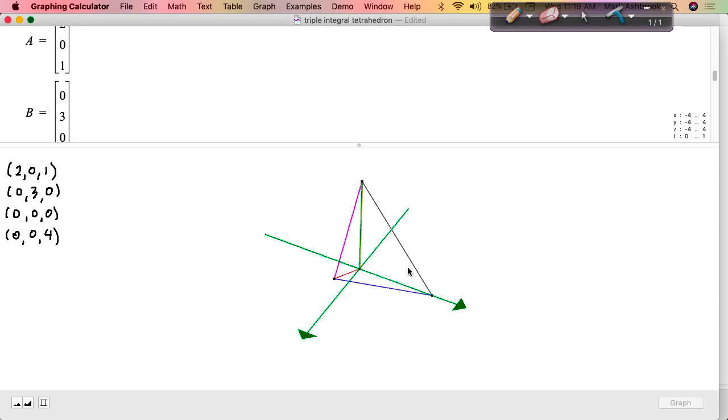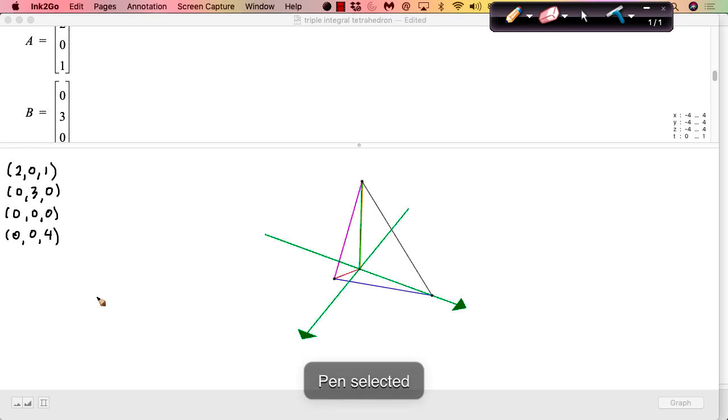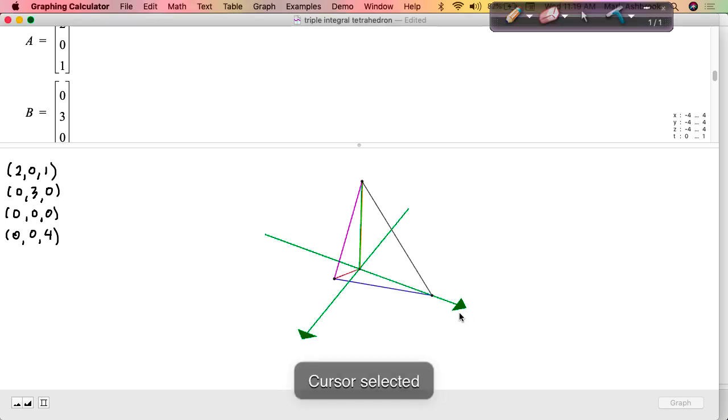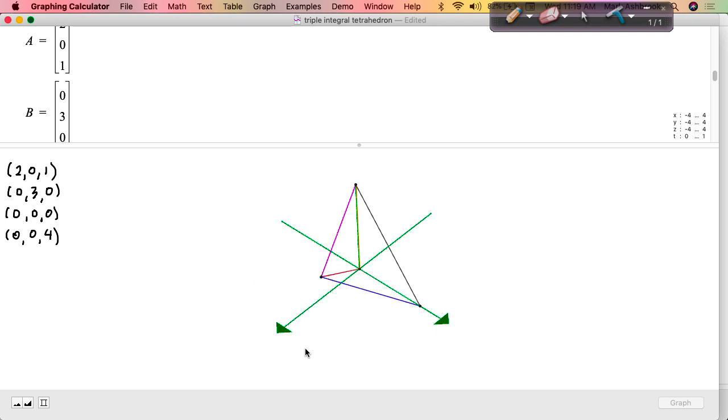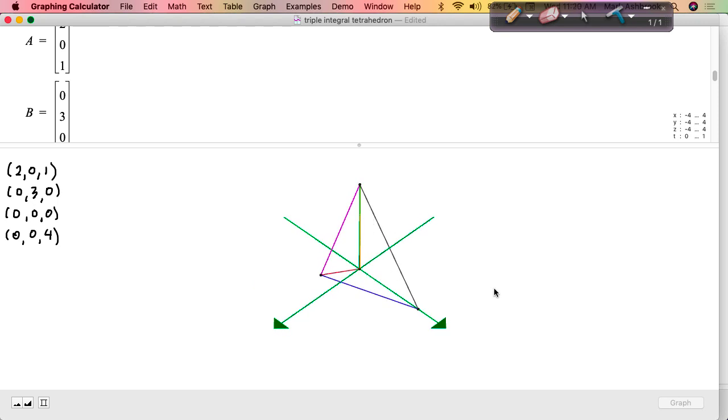This back triangle right here, all points on that plane have what characteristic? x equals 0. Isn't that the plane x equals 0? It's just restricted into a triangle, but this is just the plane x equals 0, is it not?